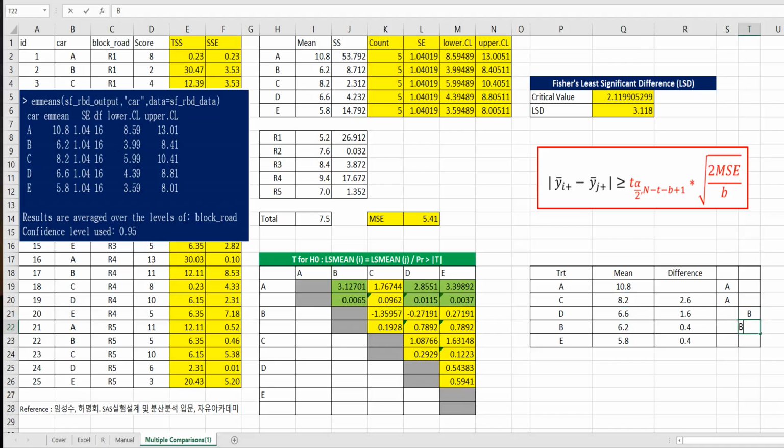We can give letters like this, because when we have the same letter in the same row, it means there is no significant difference. So in this expression, we can say that between A and C there is no difference, and between C and D there is no difference. However, there is a significant difference between A and D, A and B, and A and E.